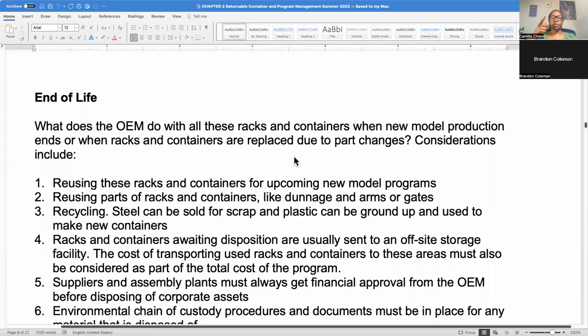They didn't repurpose the racks, they didn't reuse them for whatever reason, and they just never threw them away, because when they do that, they have to put it on the books from an accounting standpoint that they got rid of these. They no longer have this asset, and it can have tax implications. And sometimes the finance and accounting team don't want to do that, so they'll hold on to them.